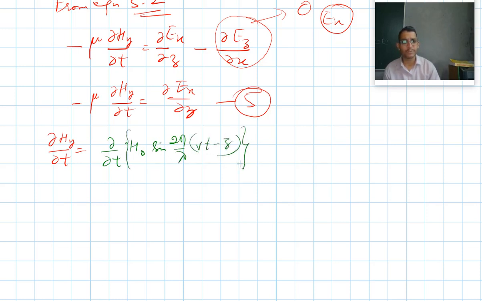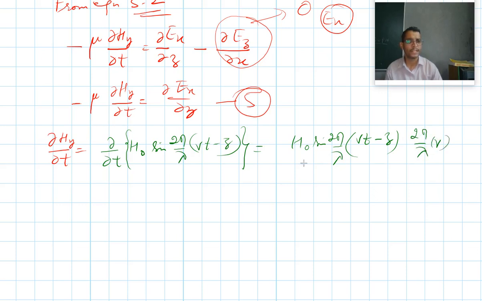If I take its derivative with respect to t, it is 2 pi by lambda into v times H naught sine of 2 pi by lambda (vt minus z).